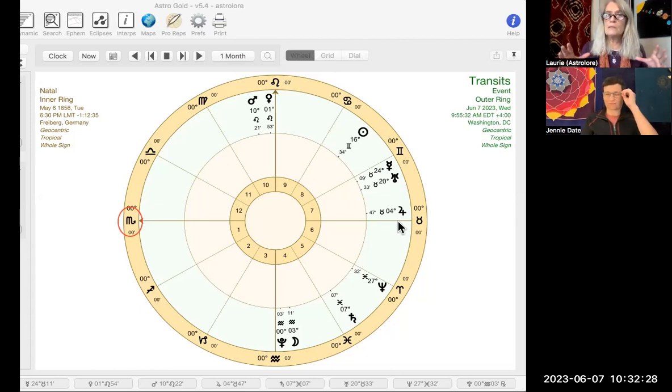So instead of just spending a couple of weeks or a couple of months in a sign, Jupiter spends approximately a year in each sign. Its movement is very noticeable as well because Jupiter's job is to make things bigger. It expands our awareness and understanding in this area.